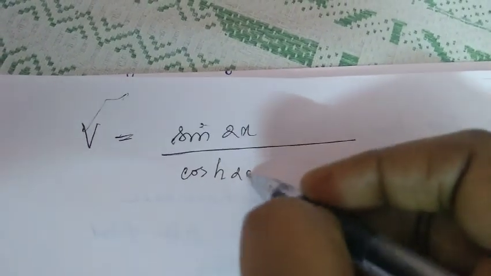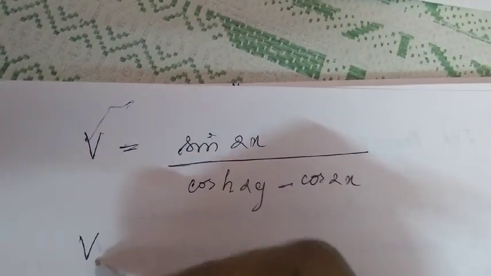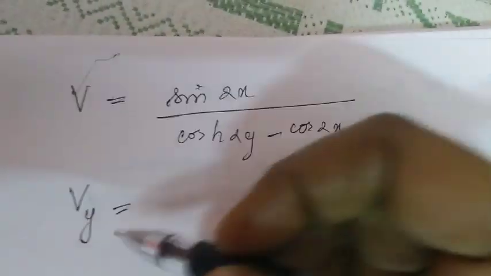So for finding your Vy of z comma 0, let me write again what is V. So V, the question is given as, I have formed the question as V, that's equal to cosh 2y minus cos 2x. This is V. So let me find Vy from this.